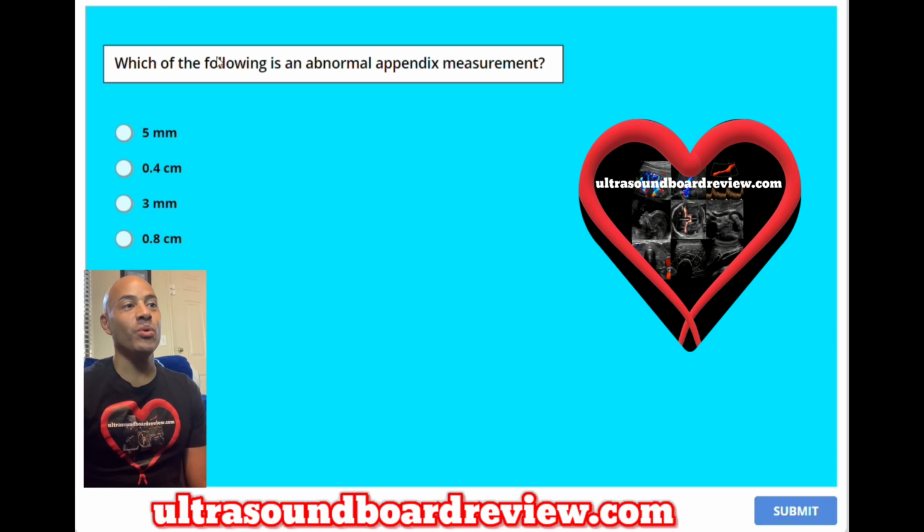Question 69. Which of the following is an abnormal appendix measurement? A, 5 millimeters, B, 0.4 centimeters, C, 3 millimeters, or D, 0.8 centimeters?